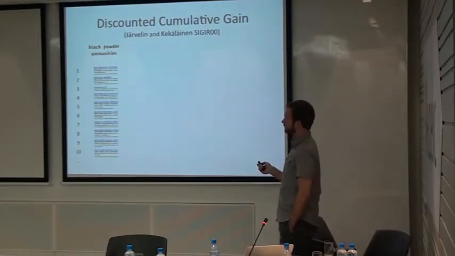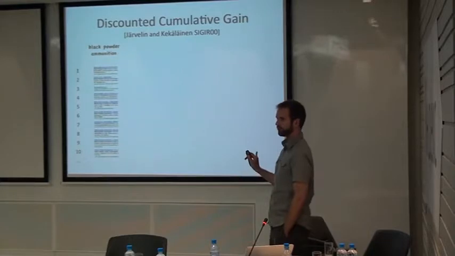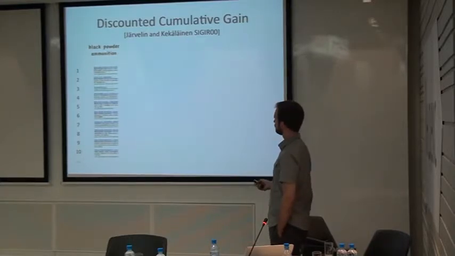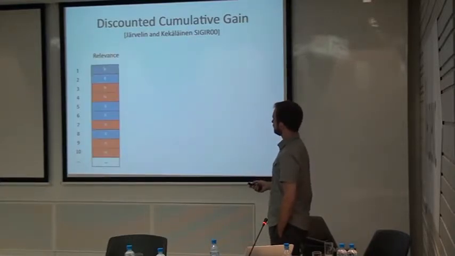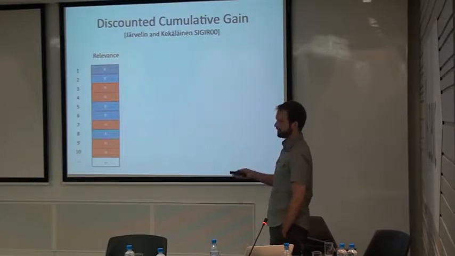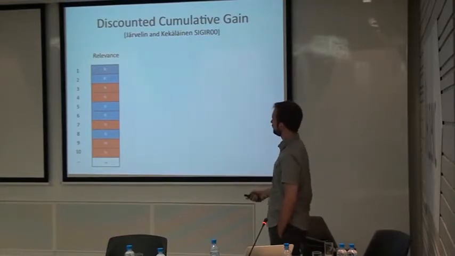And essentially it is this sort of graphical model here, where the user inputs a query. They look at the first item, and then with probability theta, they look at the next item, and with probability 1 minus theta, they stop.